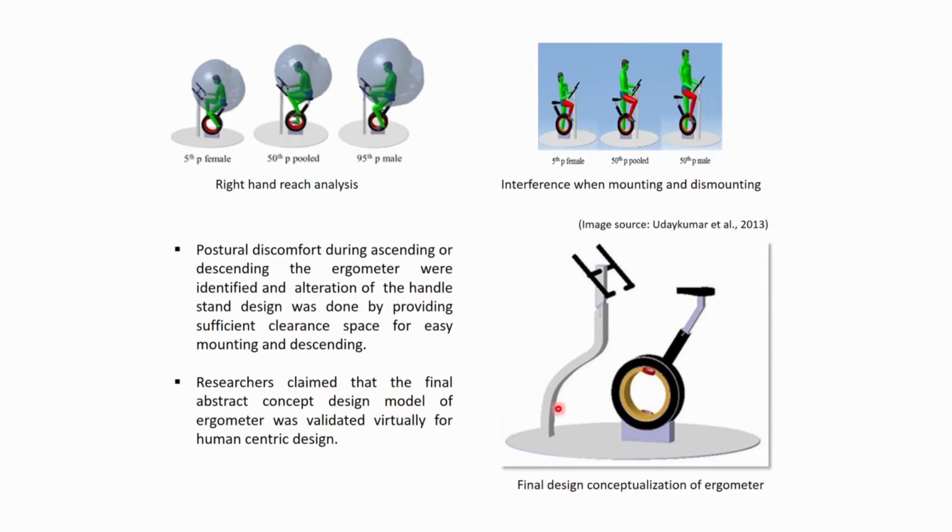Now, after modification of the handle stand, it is easy for people to take their leg from one side to another and climb or descend from the seat. Researchers claim that the final abstract concept design of the ergometer was validated virtually for human-centric design. So this is the final concept.